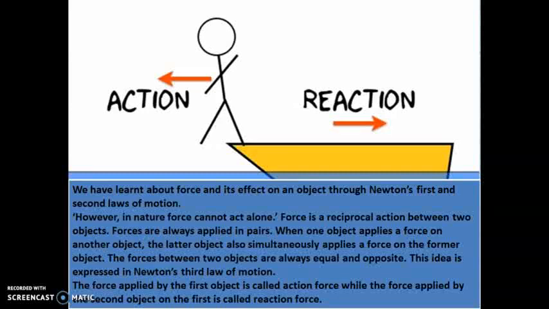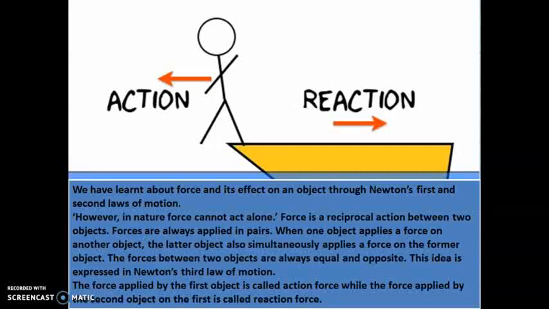When one object applies a force on another object, the latter object also simultaneously applies a force on the former object. So, force is not applied by a single object, but when two objects are there, both apply force on each other.